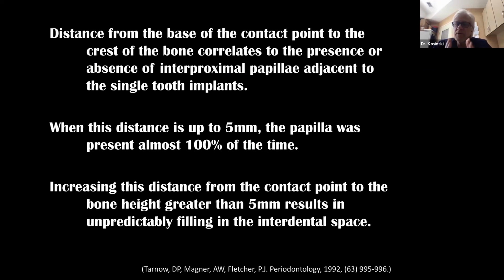So if you're able to maintain interseptal bone, and that distance from the tip of the interseptal bone to the contact point is 5 millimeters, you will get an interdental papilla. But if it's greater than 5 millimeters, the interdental papilla formation will be unpredictable.